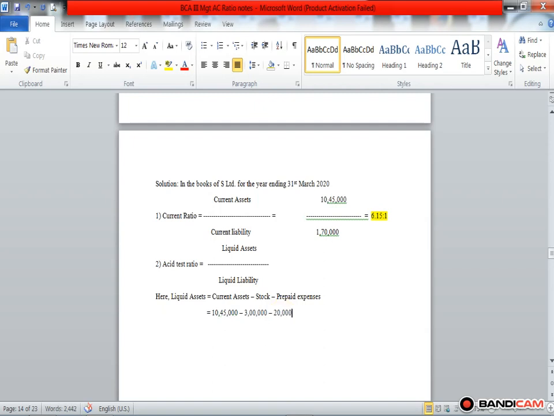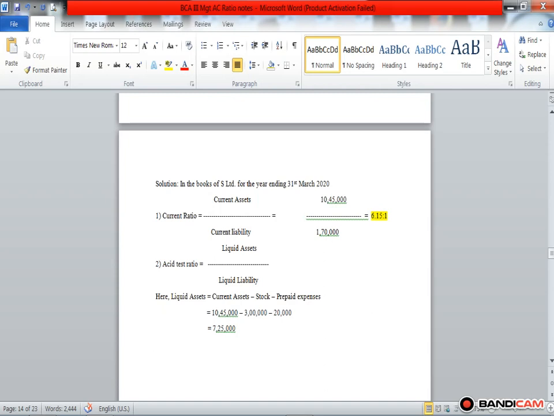Okay, so liquid asset is equal to 7,45,000 minus 20,000, which is 7,25,000.